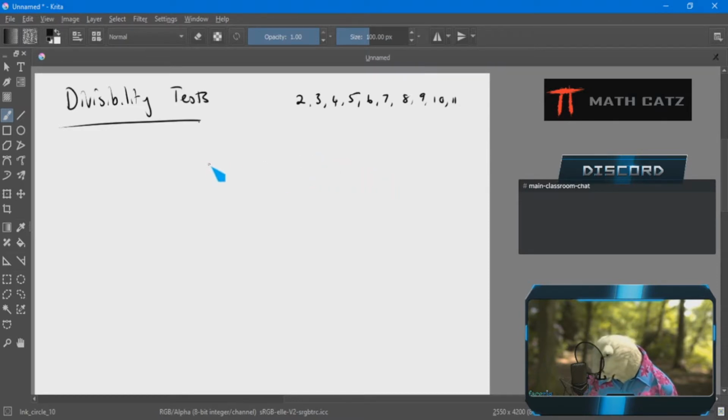And we'll do that by way of divisibility tests, where I want a way to look at a large number and decide, is it divisible by 3, for example? Ask that question for each one.